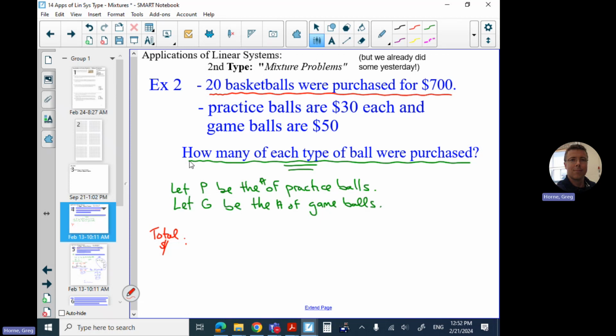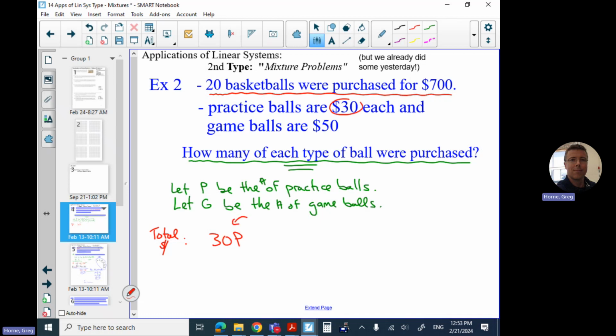The trick for this one is to think, how much would it cost if you bought P practice balls? You'd be paying this $30 P times. It's a little weird to think of, it's abstract, right? But if you bought 2 of them, you're paying 30 twice, so it'd be $60. If you bought P of them, it'd be 30 times P, right? So 30P is the cost for buying P practice balls.